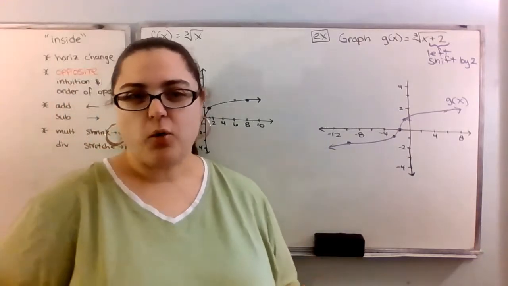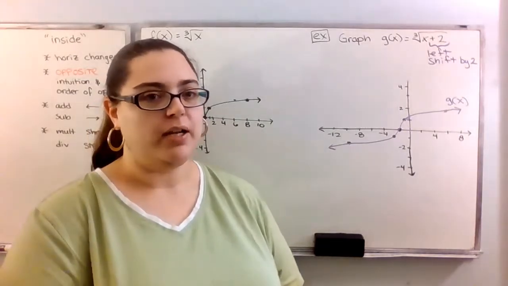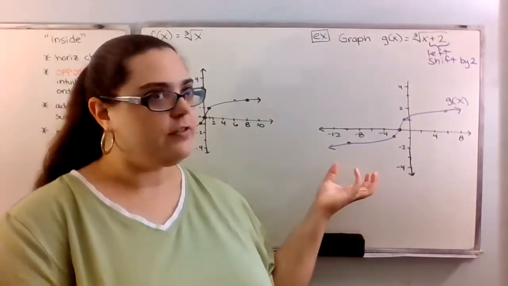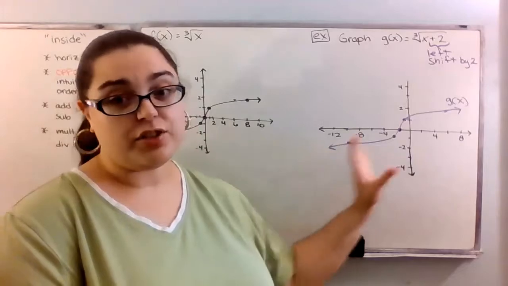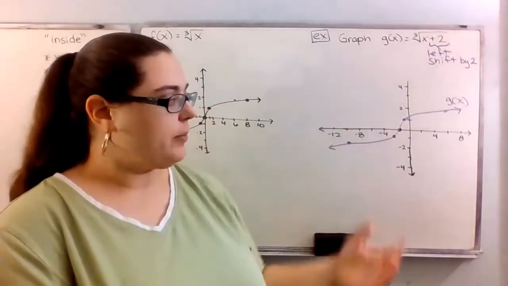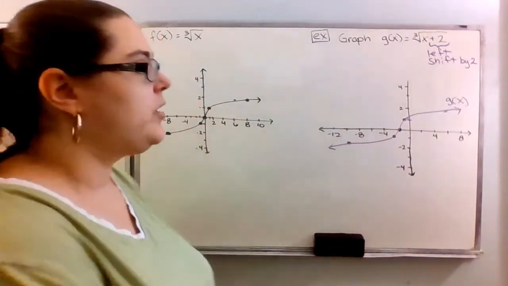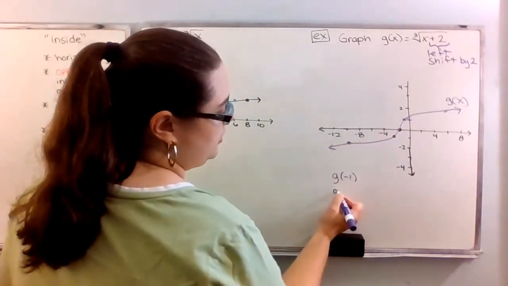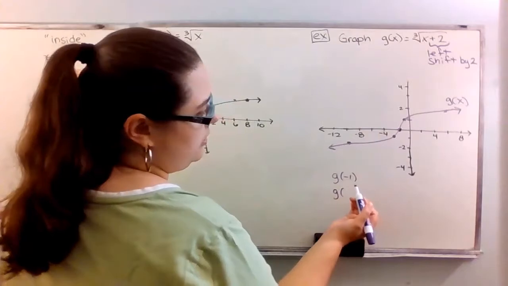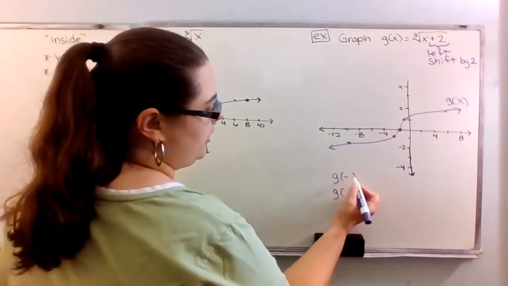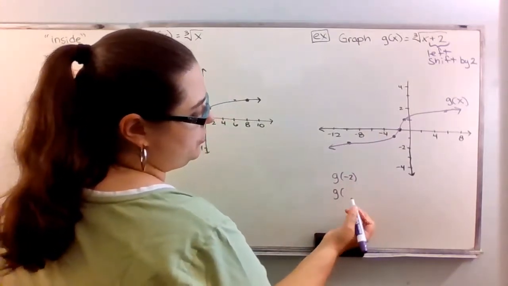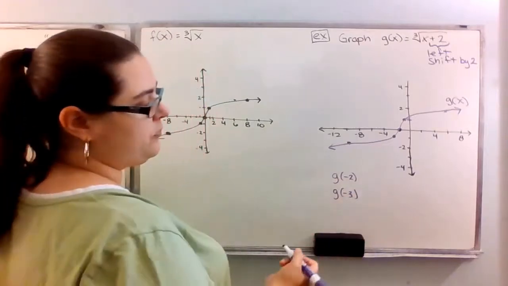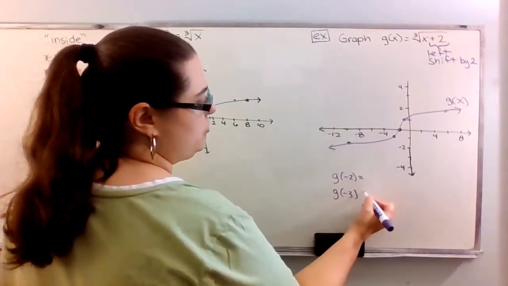Now, if I want to examine why we have to do this shift to the left instead of shifting to the right, let's think about what's happening here. So if I have g of -2, and we'll do g of -3, just so we can see what's going on with those 2 points.